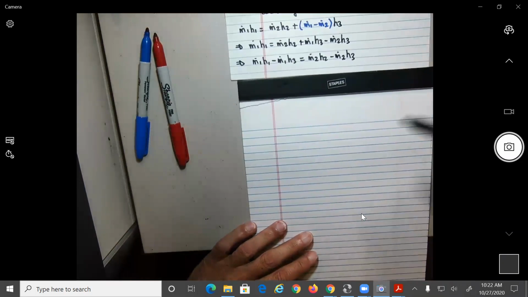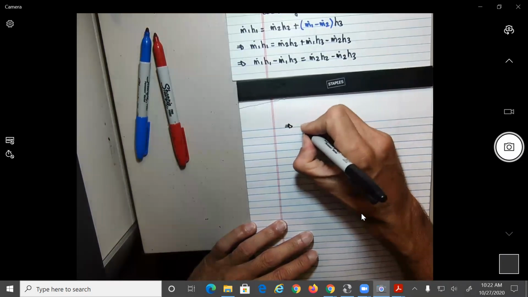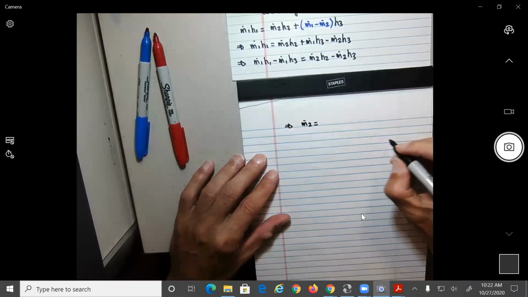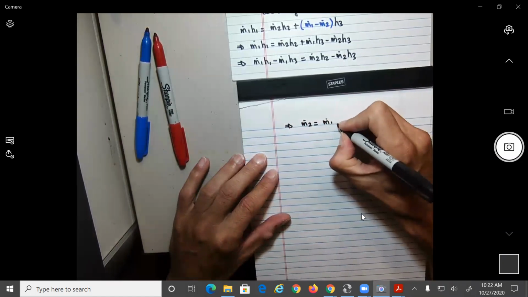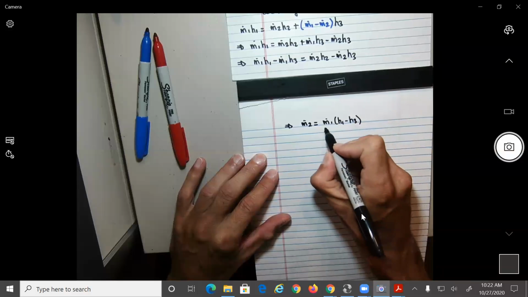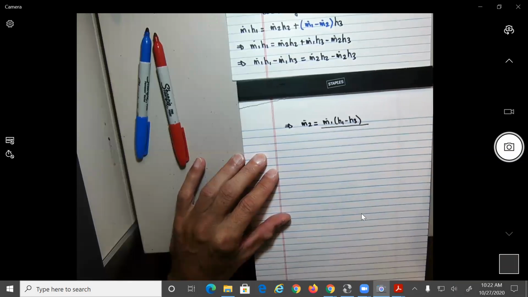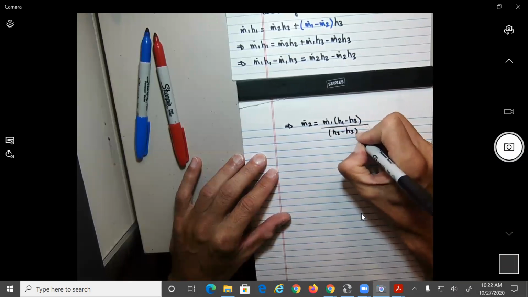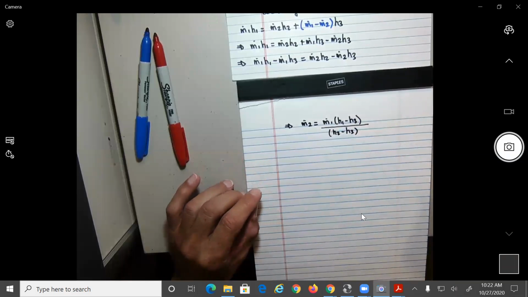Or what happens over here, that M dot 2 will be equal to M dot 1 (H1 minus H3) divided by (H2 minus H3).